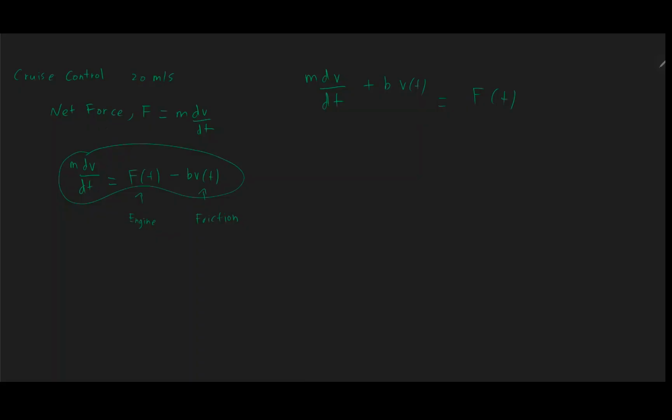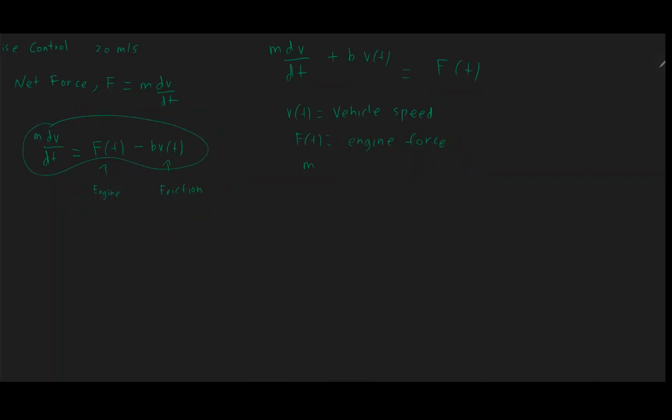Now we have various variables here. vt is equal to the vehicle speed, ft is equal to the engine force, m is the mass of the car, and we'll give this a value of 1000 kilograms.